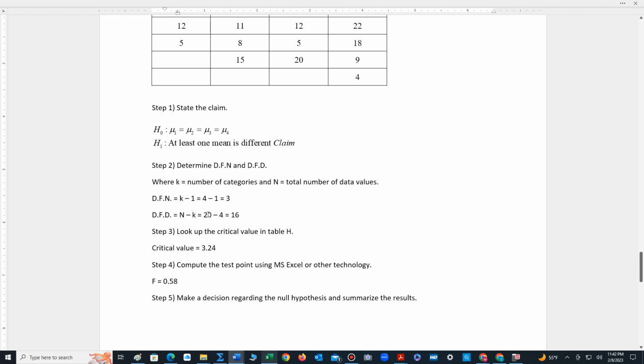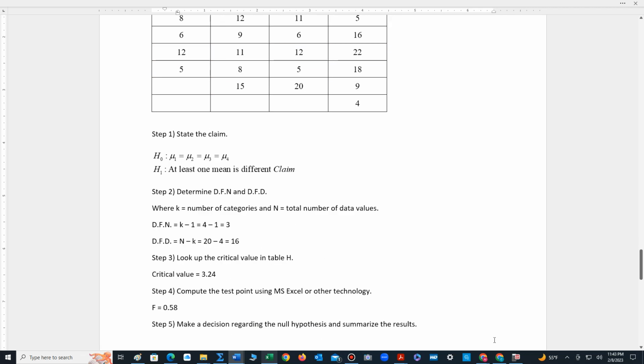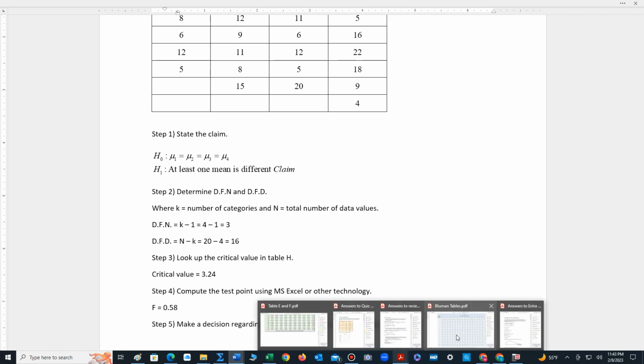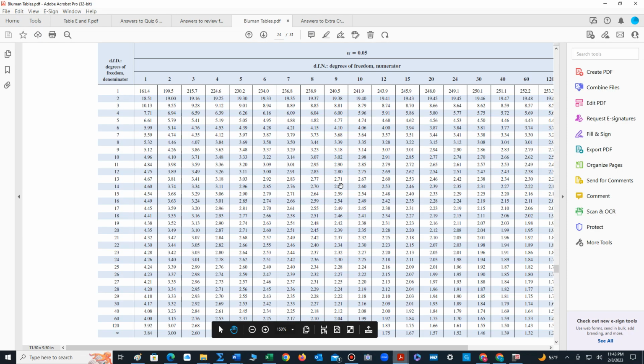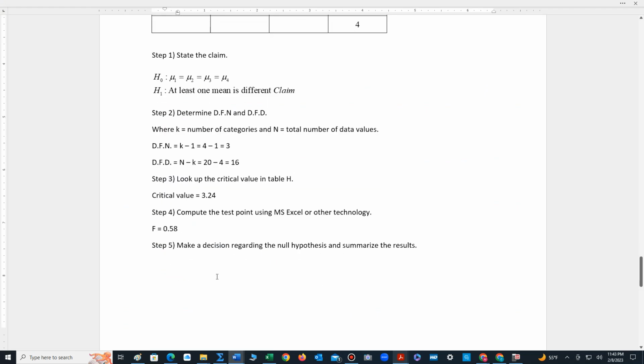That's 20. Minus the number of categories, 4, is going to give us 16. We then look up the critical value in table H using alpha 0.05. So we go to 3, degrees of freedom of the numerator is 3, all the way down to 16. And that's going to give us 3.24 as the critical value.